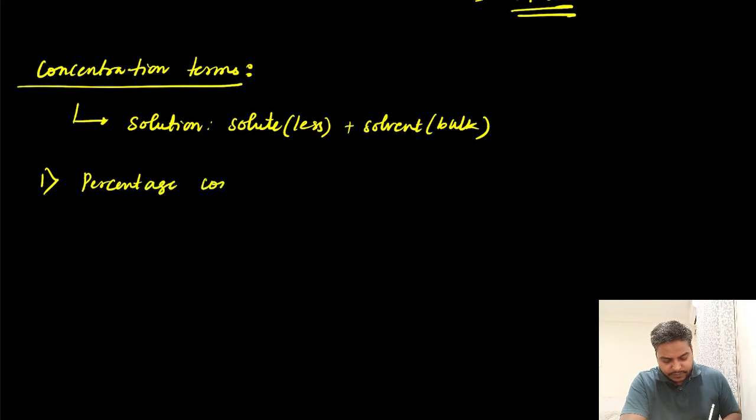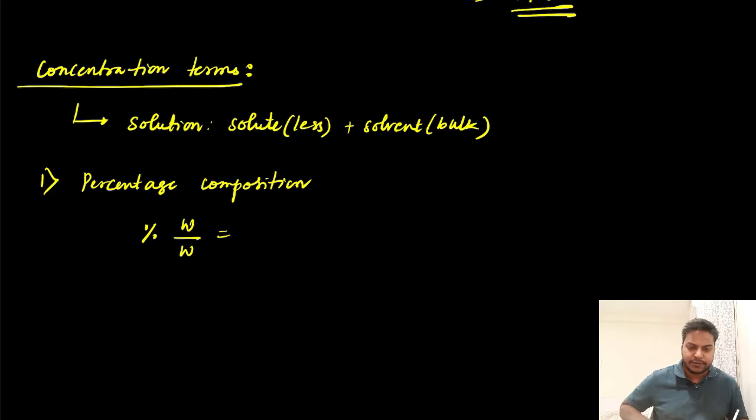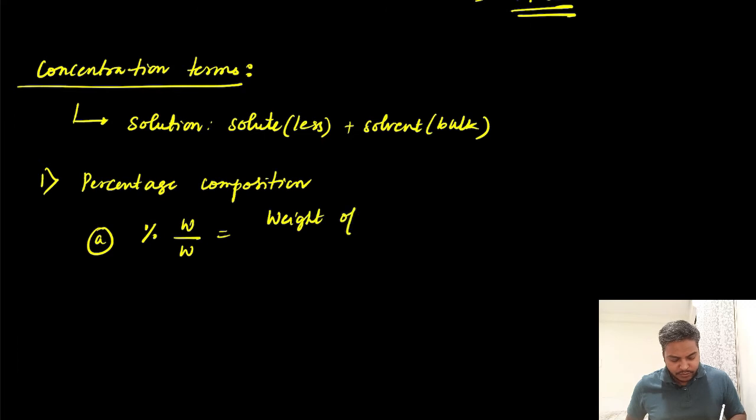When you use the term percentage composition, the first kind is percentage weight by weight, which implies weight of solute divided by weight of solution into 100.